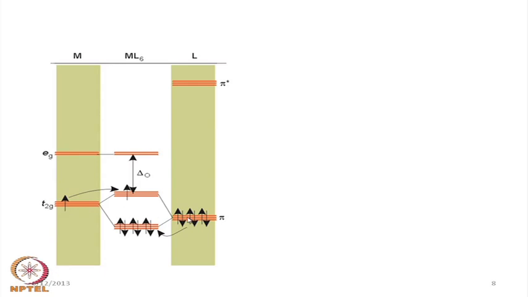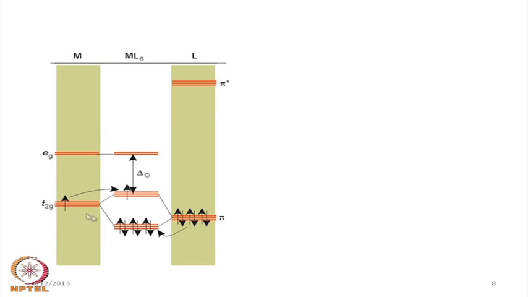Earlier, when we talked about the transitions for sigma-type interactions, this T2g remained as the non-bonding level, and this non-bonding level was utilized only for electron density transfer from the non-bonding level to the Eg star level.